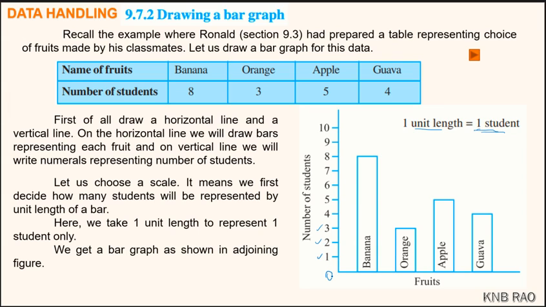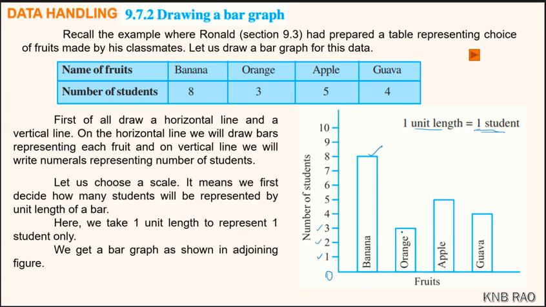Since the vertical bar is a number line, numbers 0 to 10 are written continuously, and the number of students liking banana is shown with a bar of height 8 units, where the height of the bar corresponds to the number of students liking the fruit banana.